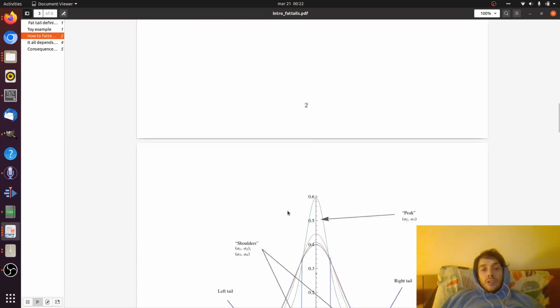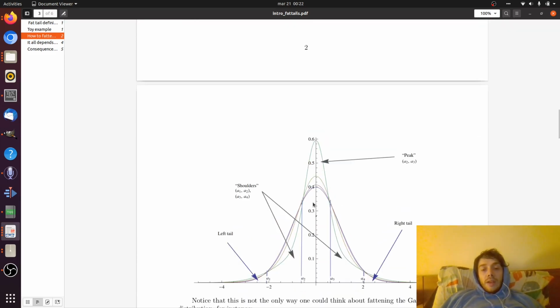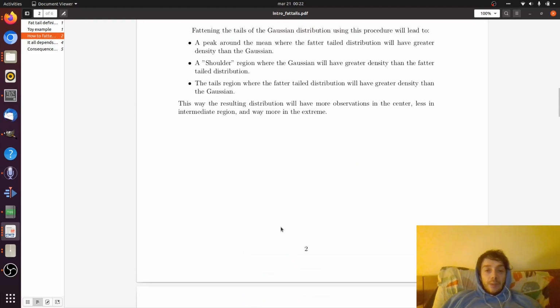This is what we were just talking about, this region here. Then we see that we have these shoulder regions that go from A3 to A4, where it will be the Gaussian distribution that dominates the fatter-tailed distribution. And then in the tail region, as we already said at the start, the fatter tail distribution is going to dominate the Gaussian.